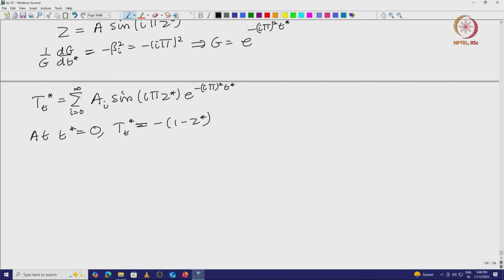Therefore, at t equal to 0, the left side is the summation over I of A I sine of I pi z star, since the exponential just becomes 1 at t star equal to 0, and it equals the right side, minus of 1 minus z star. From this equation we have to determine the constants A, and once we determine them, we have the complete temperature field.